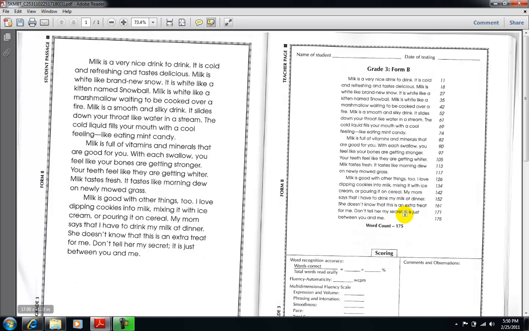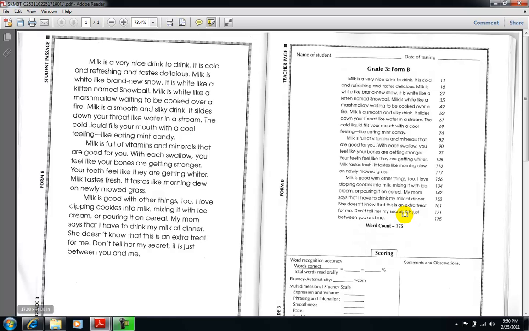So I have read 65 words, and I believe that I miscued on delicious as well as refreshing. I self-corrected throat, but I did miss silky.